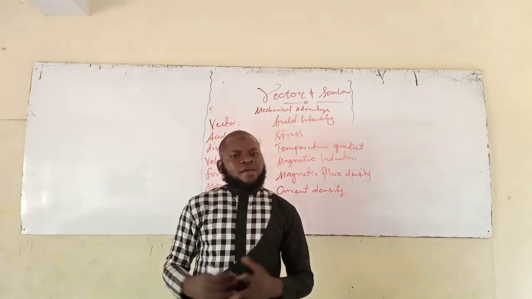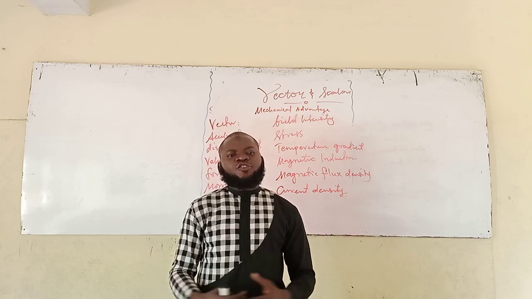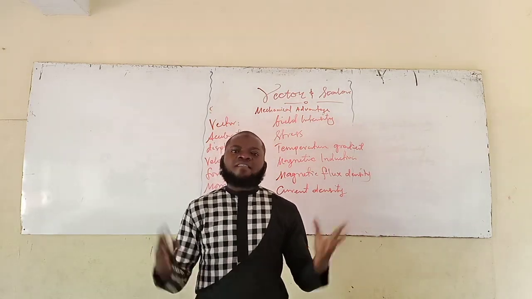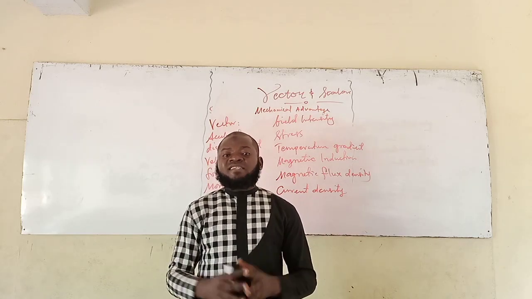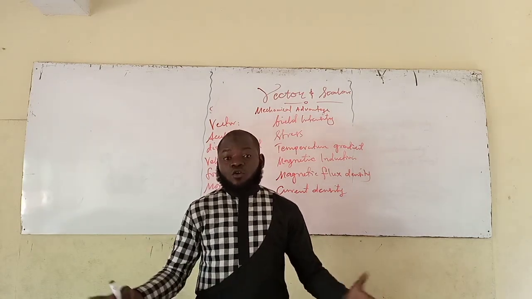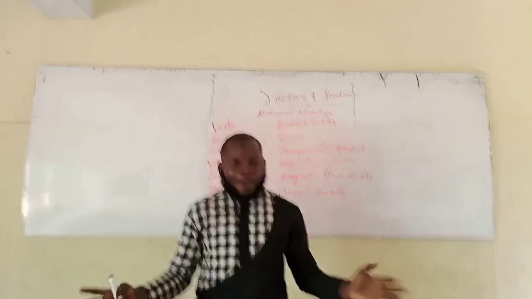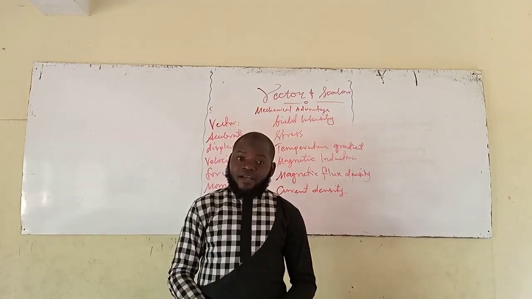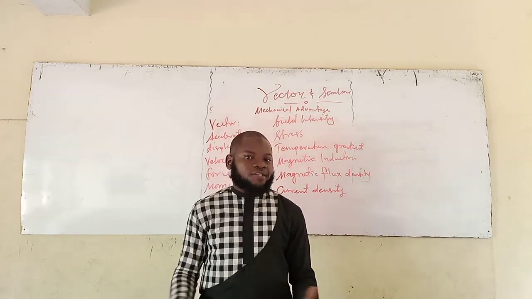Now, the examiner always wants to test, can you actually determine the resultant of vectors? But before we look into that, I would like to explain how to determine the resultant of two vectors that are not perpendicular, they are not at any angle to each other, but with their direction, you should be able to determine their resultant.